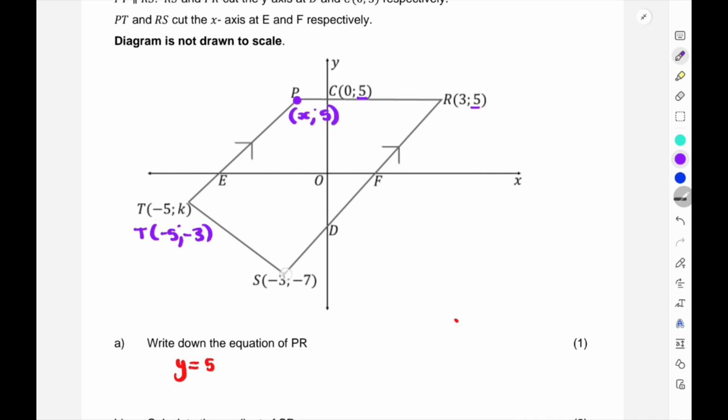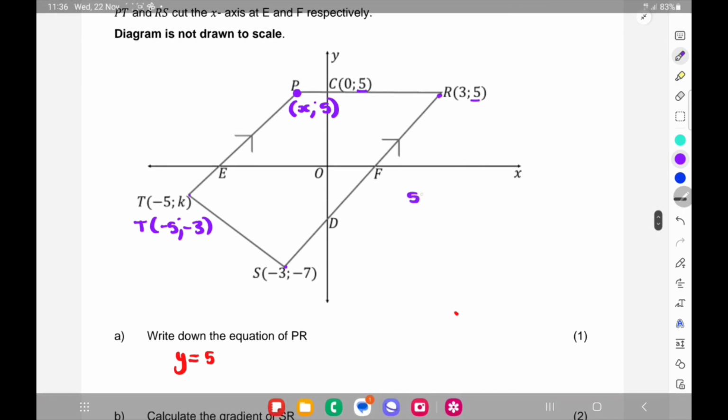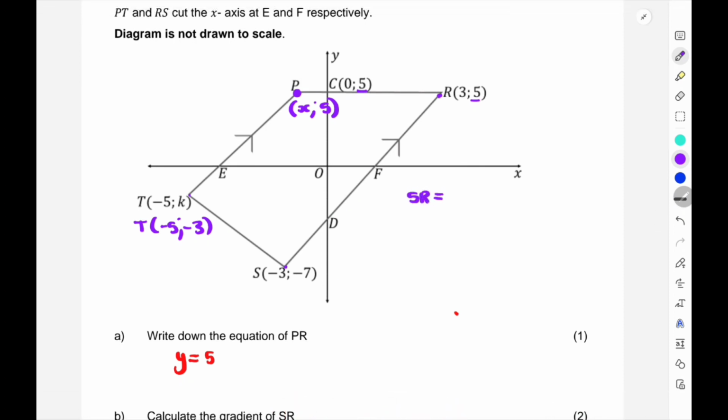What else do I know? I know that these two have the same gradient. I'll just do it again. SR's gradient, which is change of y over change of x, is -12 over -6. So SR is equal to 2.